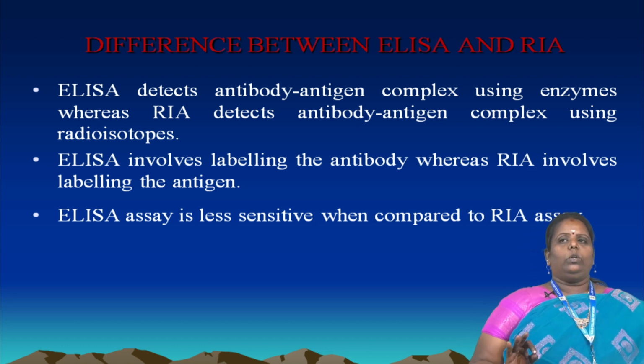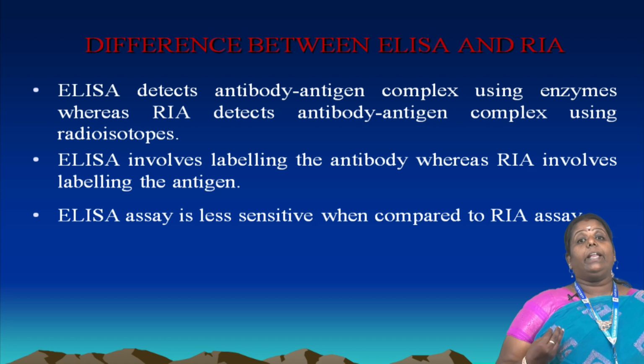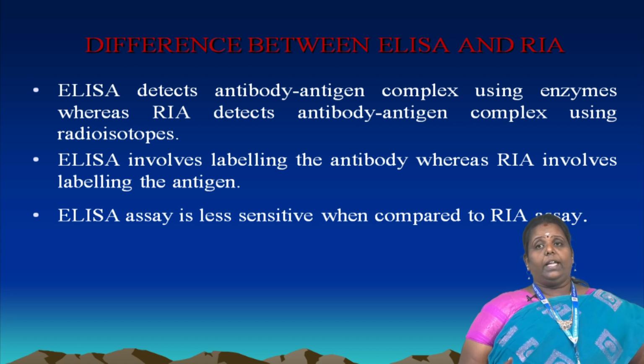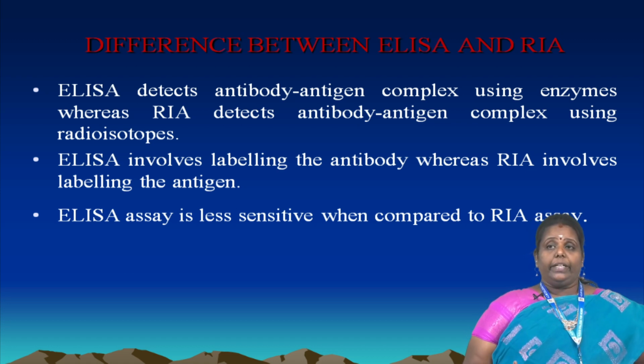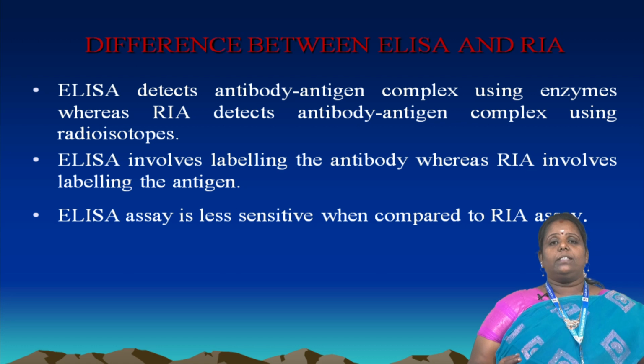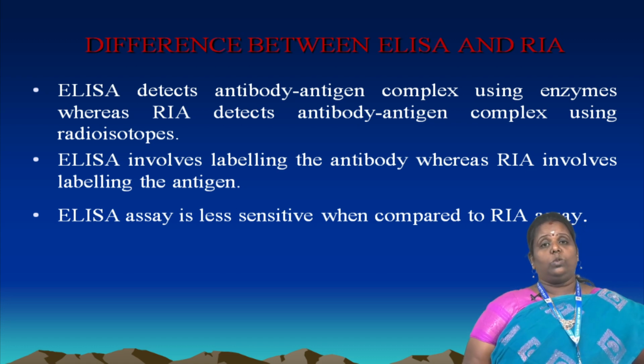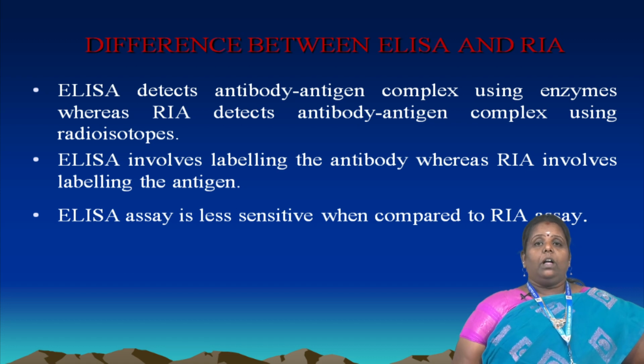As I already told you, enzyme identification is very rapid and useful in the ELISA test, and we obtain the result very quickly. But the RIA test detects the same antigen-antibody complexes using a radioisotope, so it is expensive compared to ELISA.